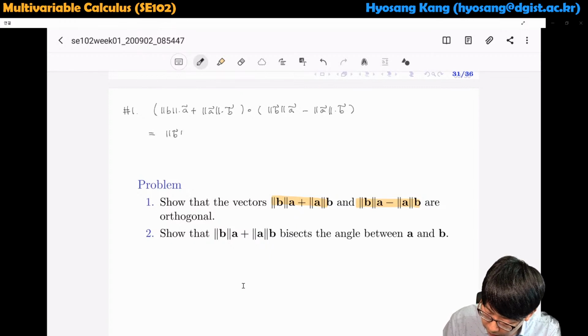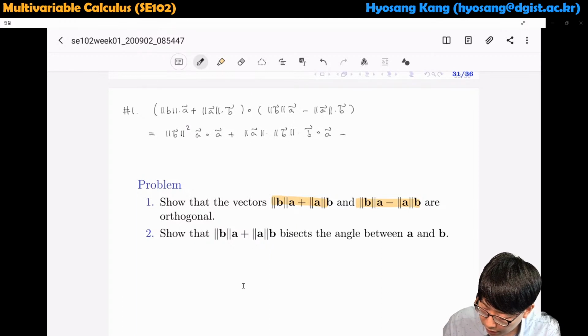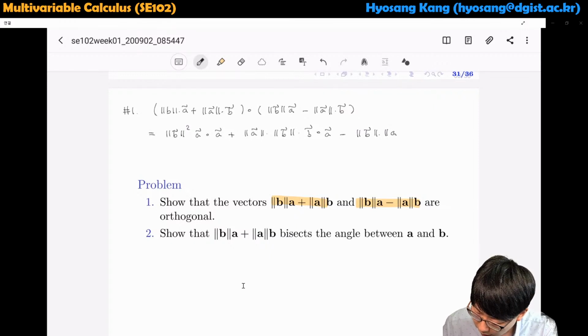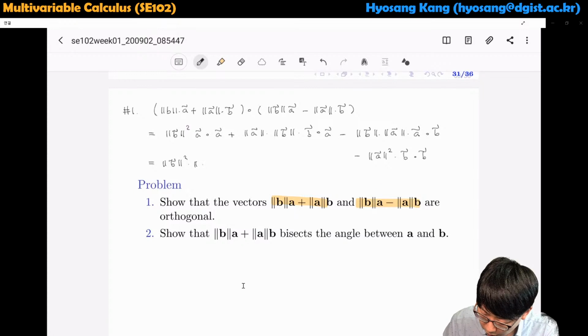So B norm squared A inner product A, and then A B, and B inner product A minus B A B inner product, and minus A squared B inner product B. So when you take the inner product with itself, you get the norm squared, B squared and A squared.